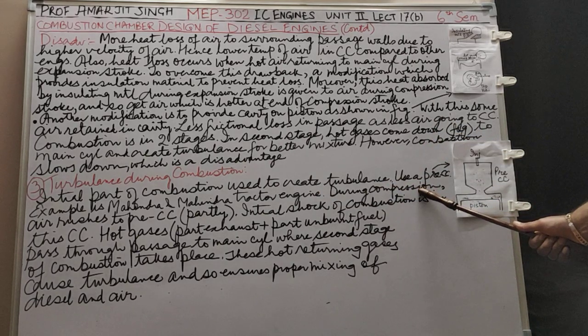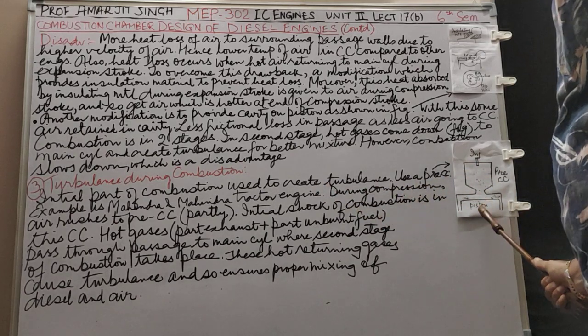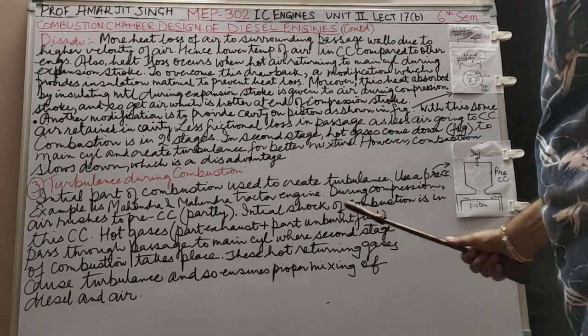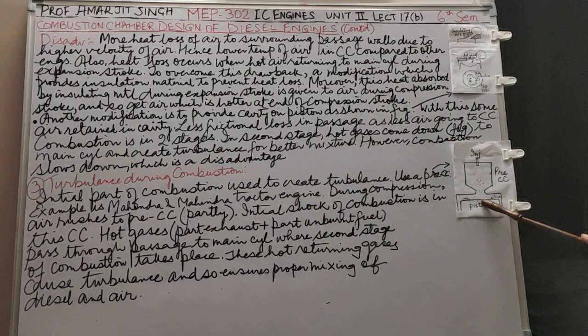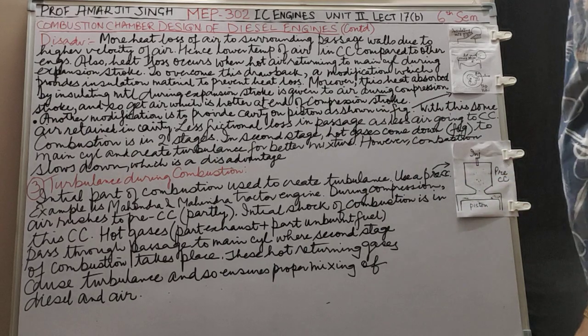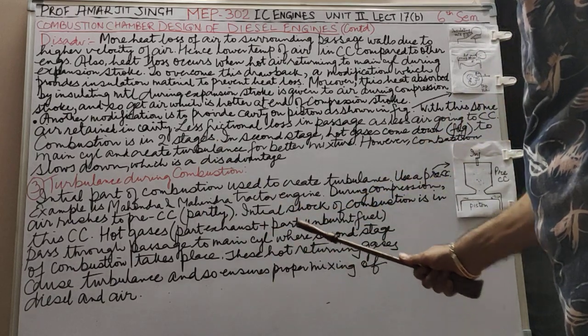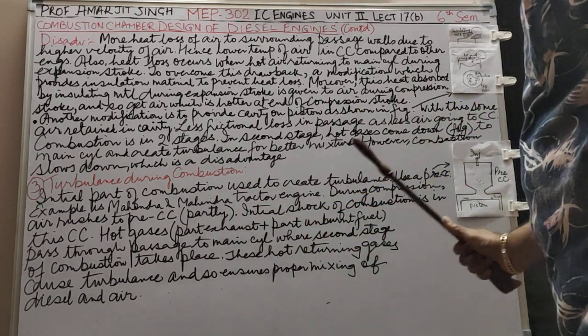During compression, when the piston moves from BDC to TDC, air rushes to the pre-combustion chamber. Piston is moving up, the air will rush naturally to the pre-combustion chamber. Some will be retained here.